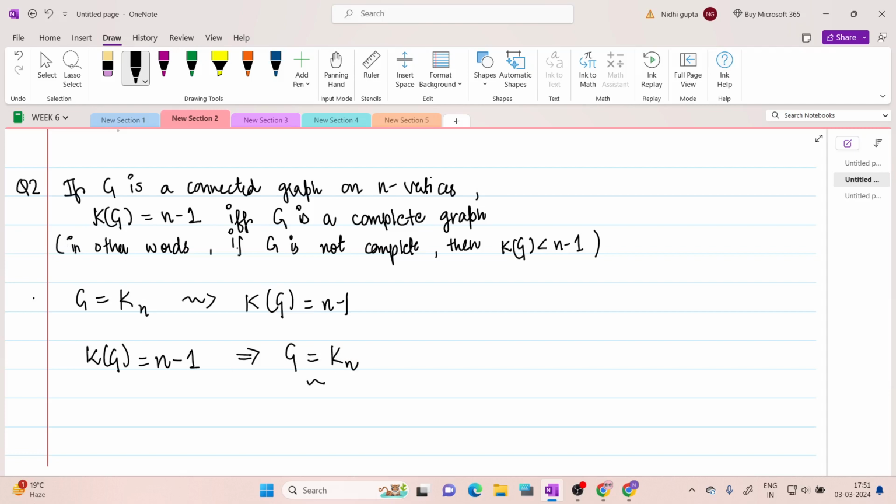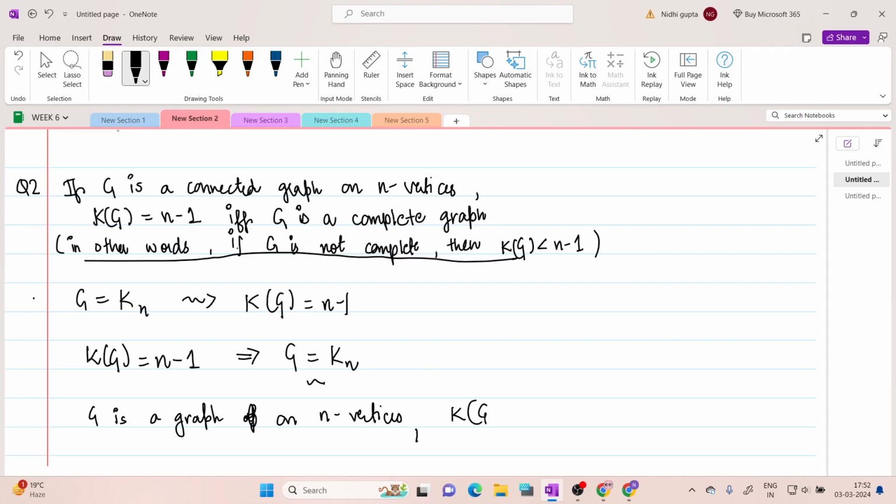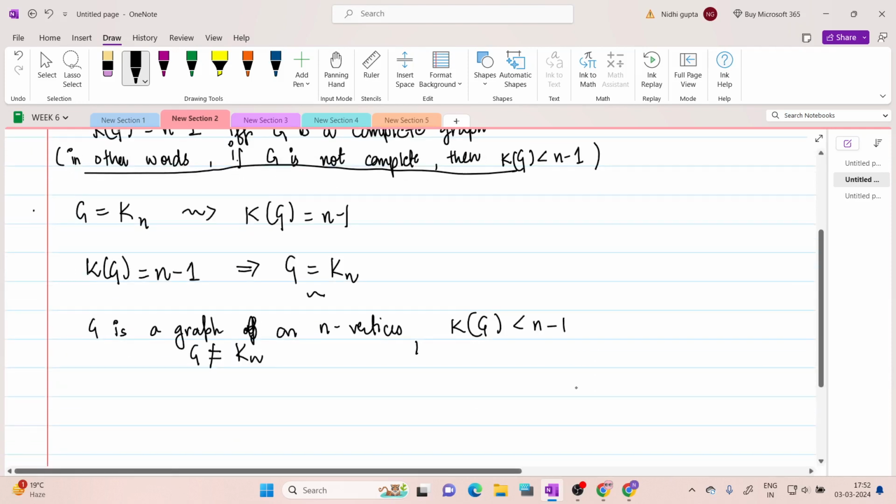Or in other words, we have to prove this: G is a graph on n vertices, and if G is not equal to Kn, then vertex connectivity is strictly less than n minus 1.